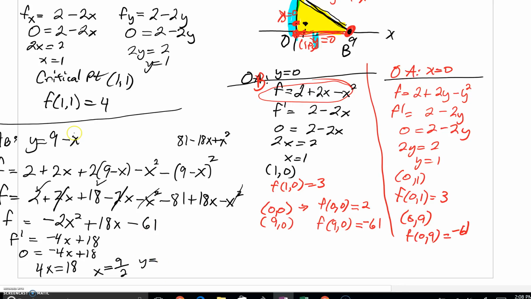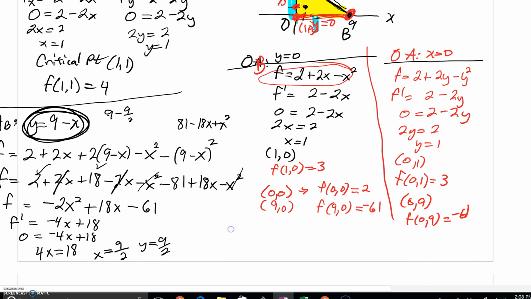But please remember that your y coordinate is on the line y equals 9 minus x. So if I had 9 minus 9 halves, that's 18 over 2 minus 9 over 2, which is another 9 over 2. So what we're really trying to figure out is what is happening with our function at the point 9 over 2, 9 over 2.